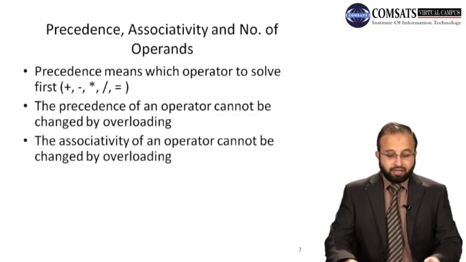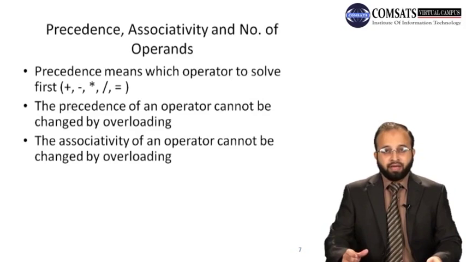Similarly, the associativity of an operator cannot be changed by overloading. Associativity means that if operators of the same priority occur at the same level, for example, if you have an expression A multiplied by B divided by C, now multiply and division have the same priority, they occur at the same level, so you have to solve it from left to right, and that is called associativity of an operator.